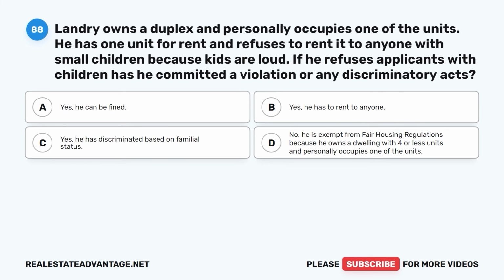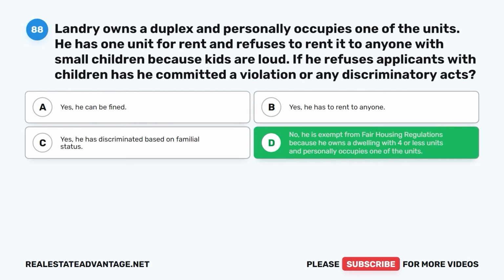C. Yes, he has discriminated based on familial status. D. No, he is exempt from fair housing regulations because he owns a dwelling with 4 or less units and personally occupies one of the units. The correct answer is D. No, he is exempt from fair housing regulations because he owns a dwelling with 4 or less units and personally occupies one of the units.